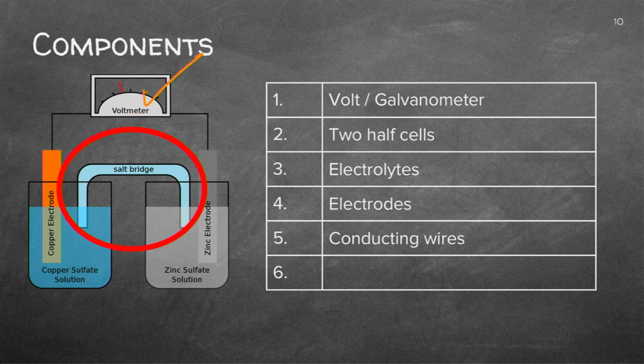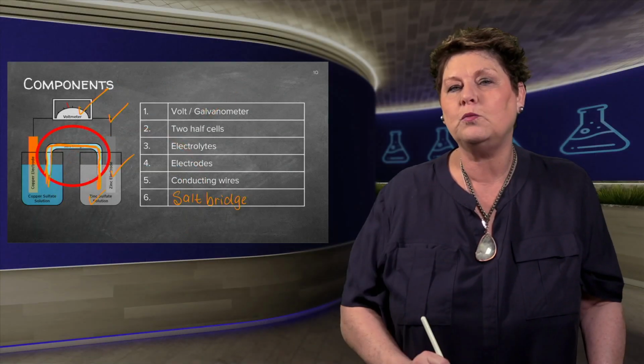The final component of the cell. Can you see we've done the voltmeter? We now did the connecting wires. We did the electrode, the electrolyte. Do you hear the different words? The remaining part is this little bridge that's linking the one solution or electrolyte to the other. And that we call a salt bridge. Now we've done acids and bases, and you know where a salt will form.